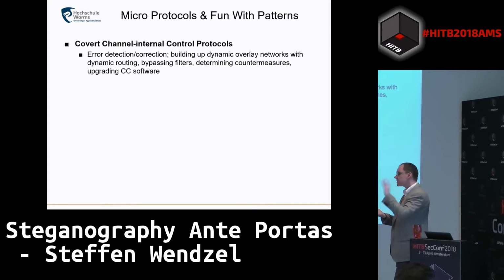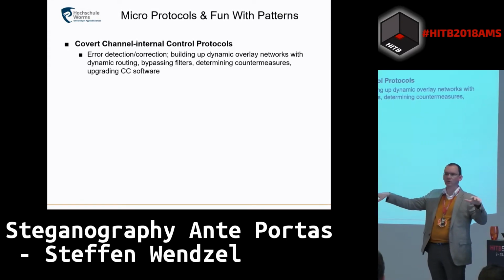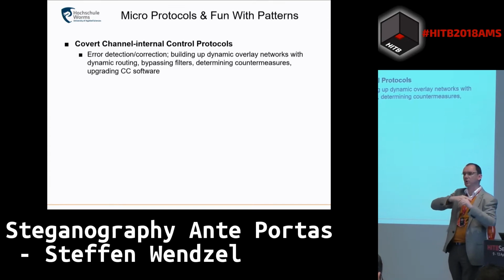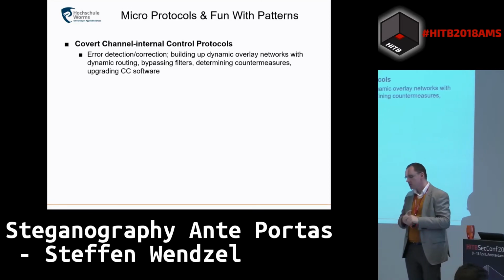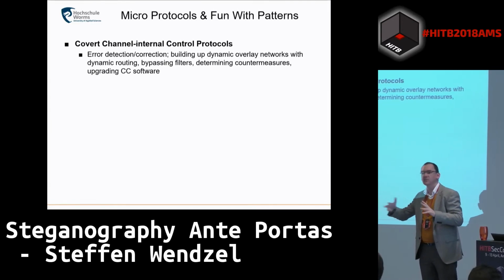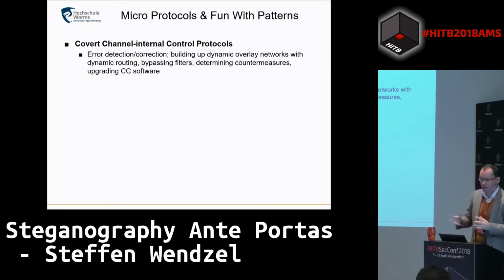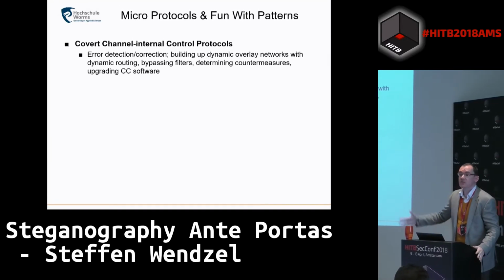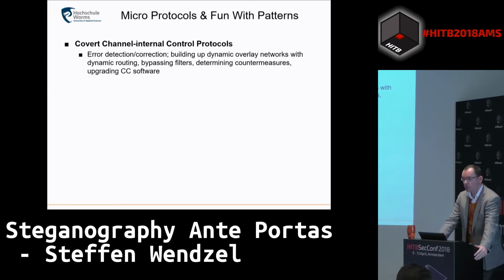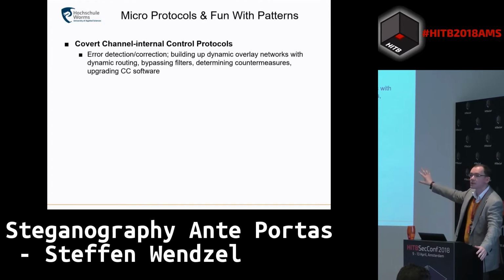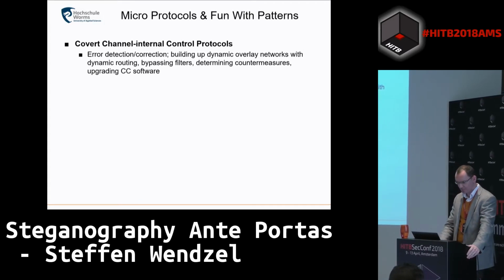We did lots of stuff in recent years, like building up covert channel overlay networks, doing dynamic routing on overlay networks to bypass firewalls and stuff like that. You can transfer firmware upgrades for systems that run your covert channel software, for instance, as a covert channel proxy or covert channel router. Of course, you can have the error correction and detection in it. There's a lot of stuff you can do.